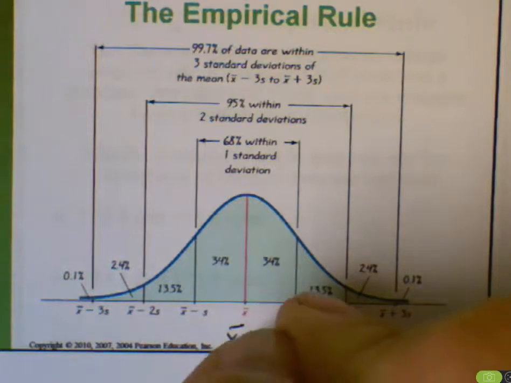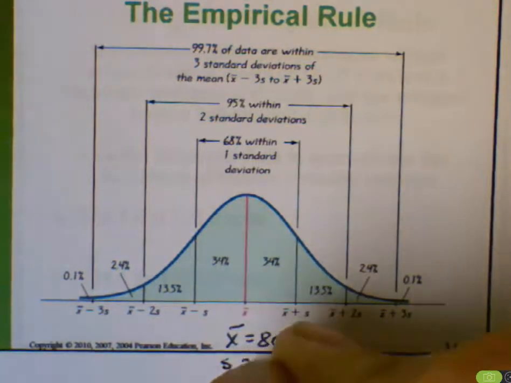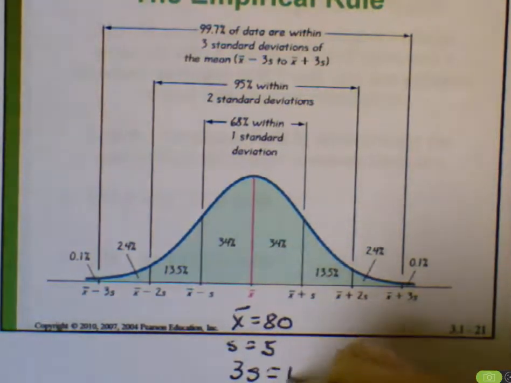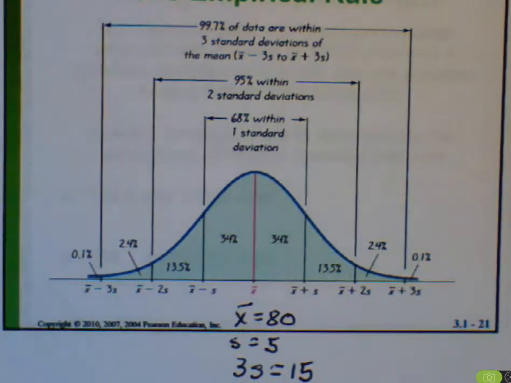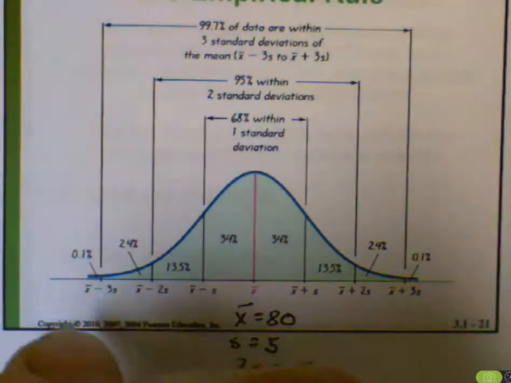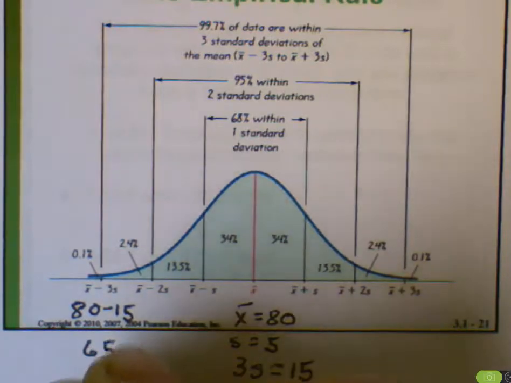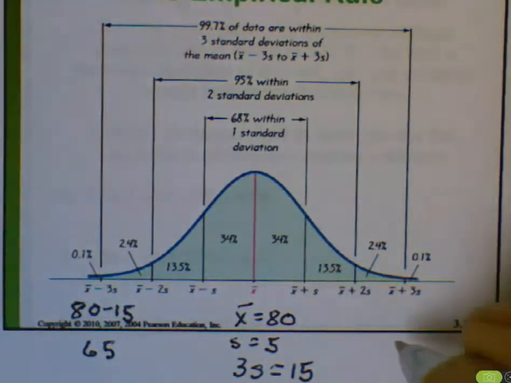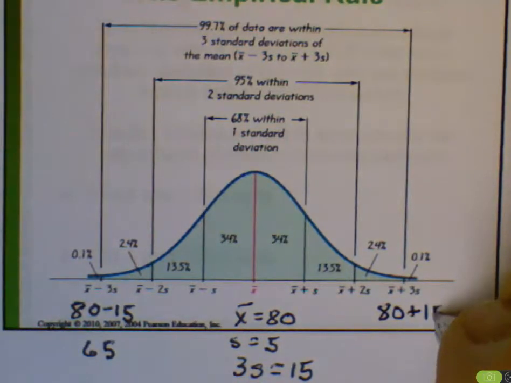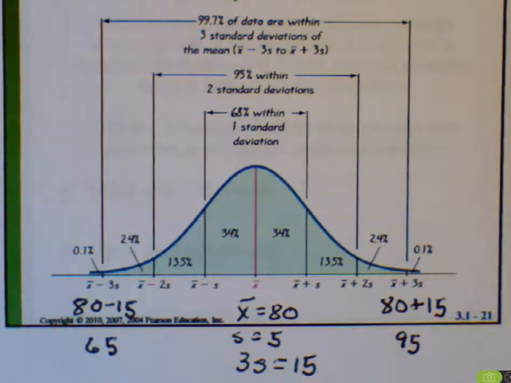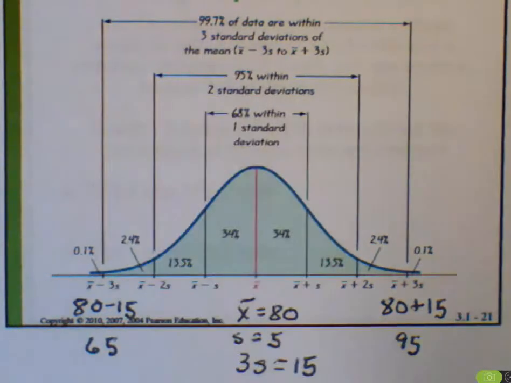So if the mean is 80 and the standard deviation is 5, then 3 standard deviations would be 15, and 99.7% of all the test scores would be between 15 points below the mean, that's 65, and 15 points above the mean, that's 95. Almost everybody, 99.7% of the test scores, would be between 65 and 95.